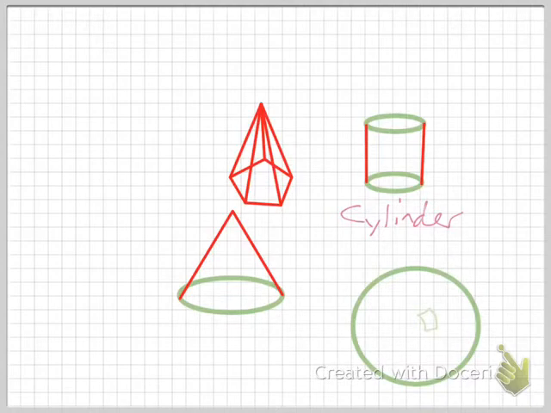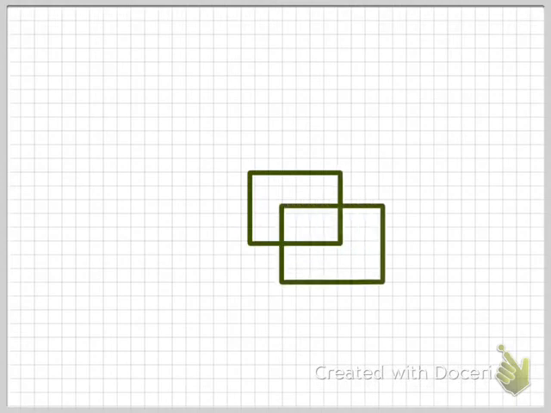Does that make sense? In the end, people, here's the deal. When you do your homework, make sure that when you name your stuff, you name it as specific as you can. If I give you that guy, and we're doing our edges, and you tell me that is a prism, I mark it wrong.